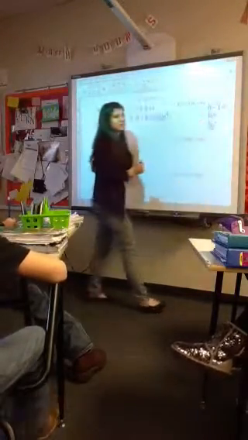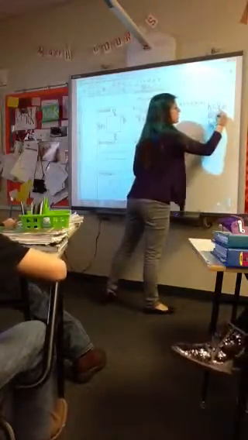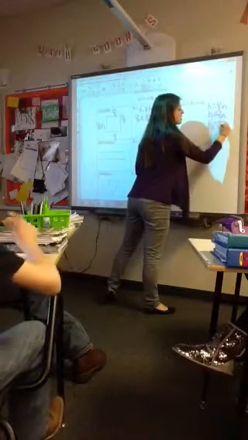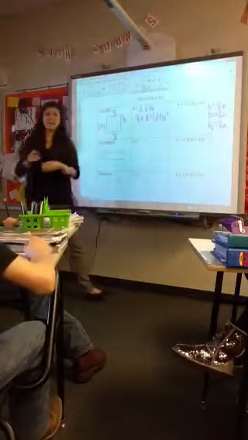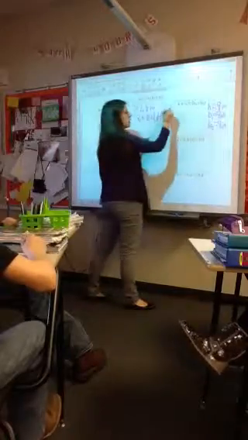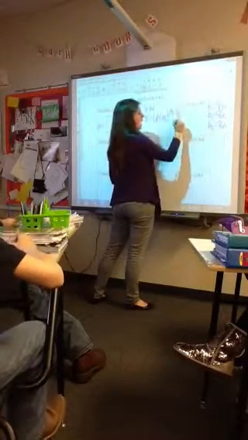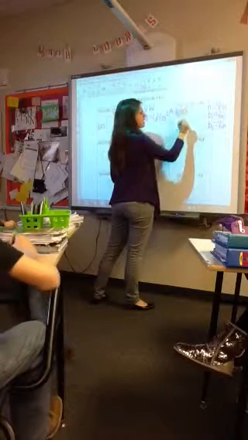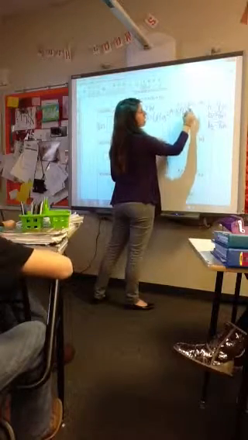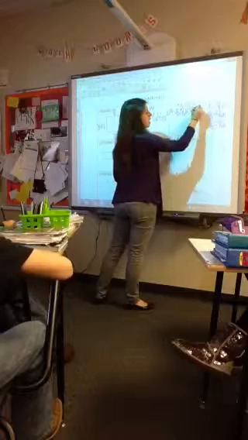What is base 1 of my square? 8 inches. Base 2, 8 inches. Let's substitute these numbers into our equation. Area equals half of my height, which is 8, times the sum of my base 1 and my base 2.